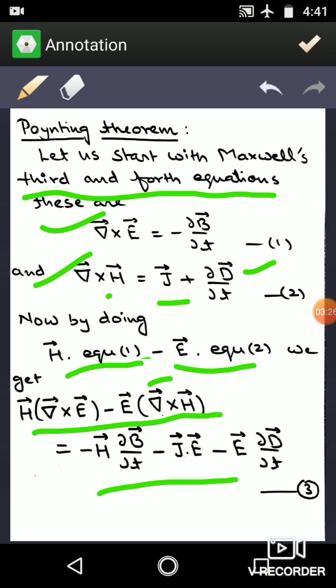On the right hand side we have minus H dot del B upon del t, also minus J dot E, and minus E dot del D upon del t. Okay, let us move on to the next page.